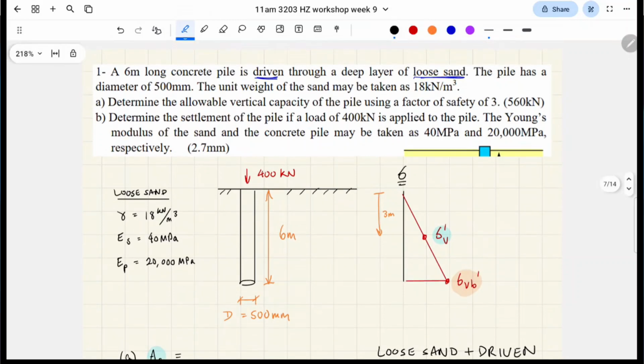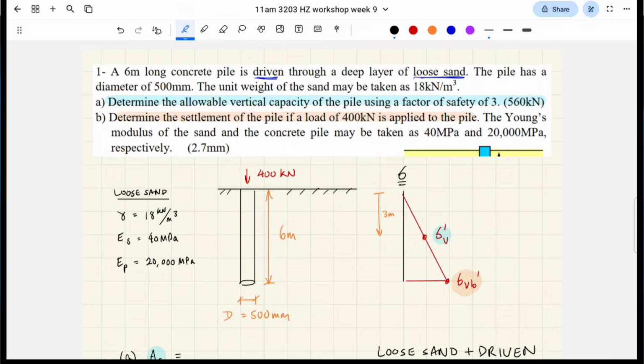Okay. So the first thing we have to do here is determine the allowable vertical capacity, and the second thing we have to do is determine the settlement. The stress distribution is going to be just one straight line because we only have one layer with a homogeneous material that we're assuming.